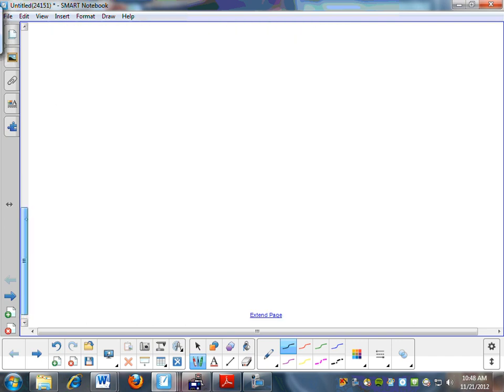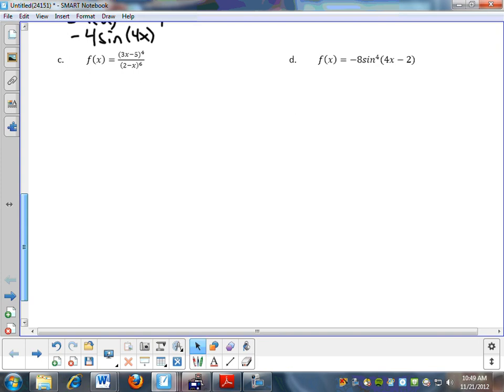So, let's try D. For letter D, I have negative 8 sine to the fourth of 4x minus 2. Here you need to recognize that you have what? Do you have the product rule? No. Do you have the quotient rule? No, but I have the chain rule twice. I have 4x minus 2.